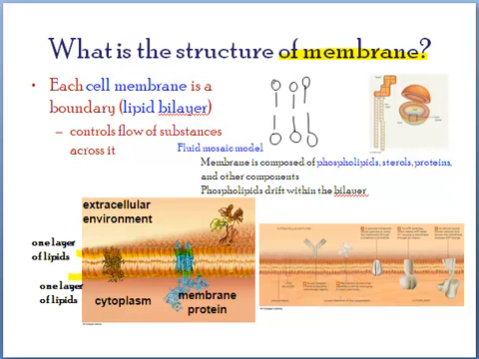Now, the lipid, as you know, is not water soluble, so it would prevent certain substances from moving through the membrane. And this is solved by the presence of certain proteins and carbohydrates that are embedded within this layer. The layer of the membrane is a fluid mosaic.